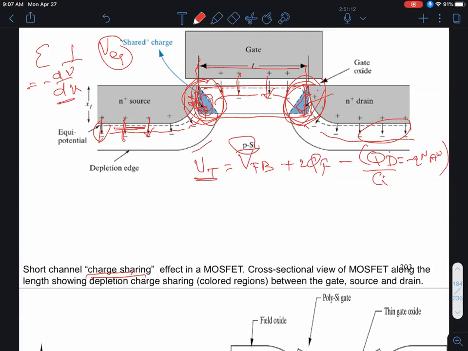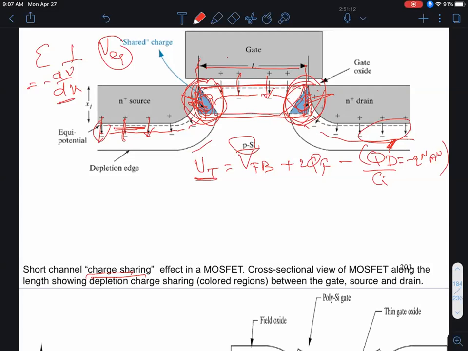These depletion charges, which physically lie under the gate, are actually being shared in the sense that the electric fields are terminating on the source and the drain. The upshot of this is that the depletion charge term in the final term of the threshold voltage expression, instead of being QD, should be a lower value, say QD prime, where QD prime corresponds to this trapezoidal region, okay?